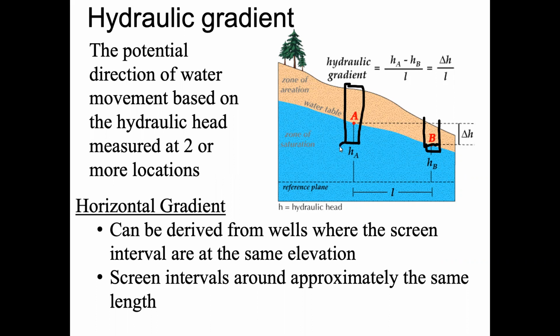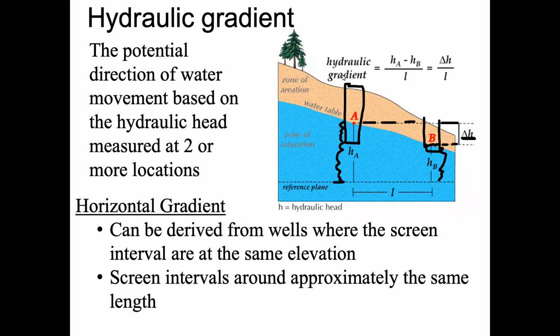First we understand the elevational head from this reference plane, and measure the pressure head by measuring the pressure of the water sitting up here, coming up with total head. We do the same with B, the pressure head and the elevational head. What we're looking at is the difference: there's some difference in total head between these two areas. We call that the change in head.